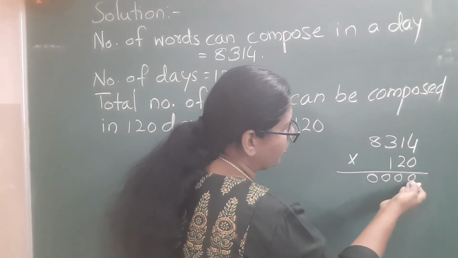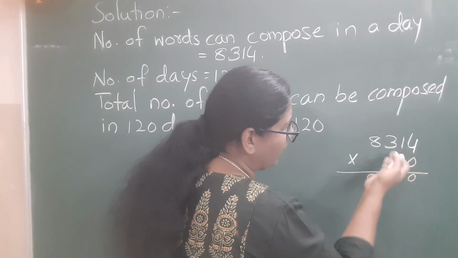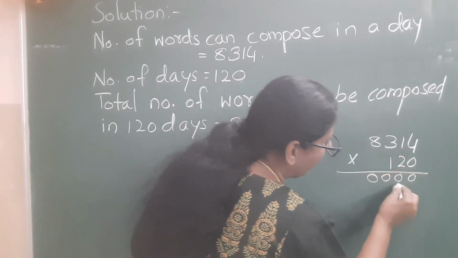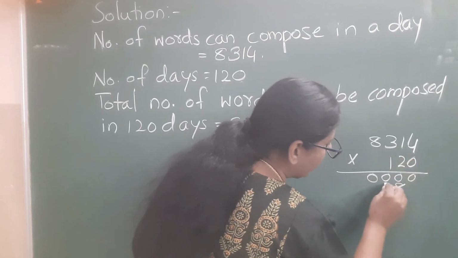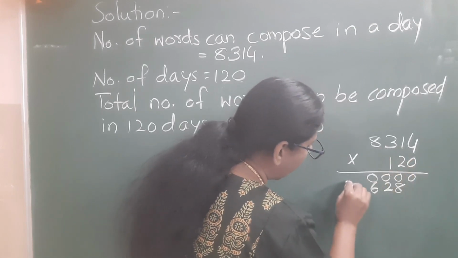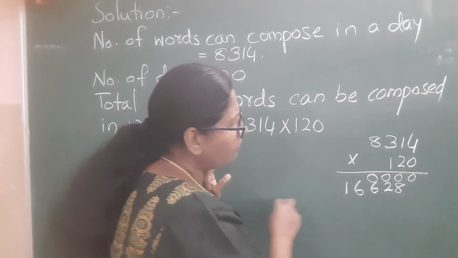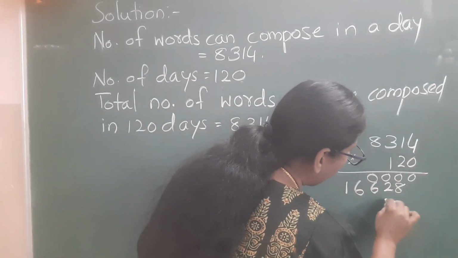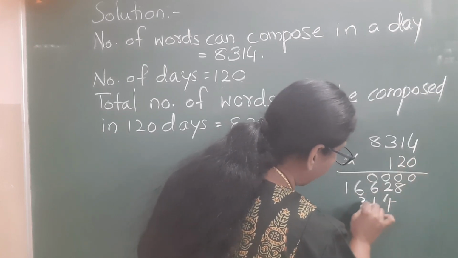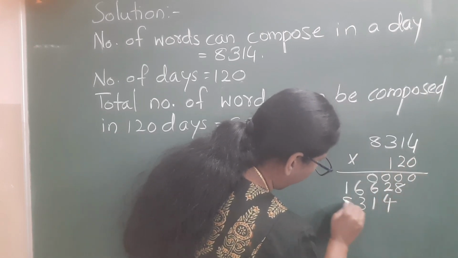0 4s are 0, 0 1s are 0, 0 3s are 0, 0 8s are 0. Now 2 4s are 8, 2 1s are 2, 2 3s are 6, 2 8s are 16. Now 1 4s are 4, 1 1s are 1, 1 3s are 3, 1 8s are 8.